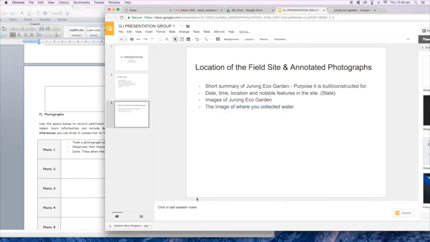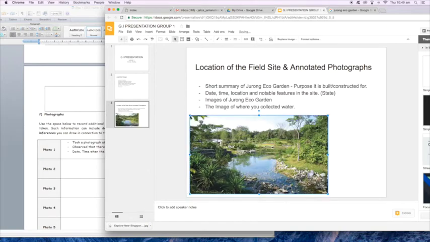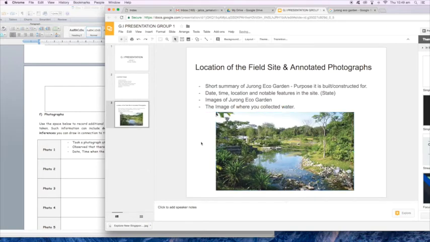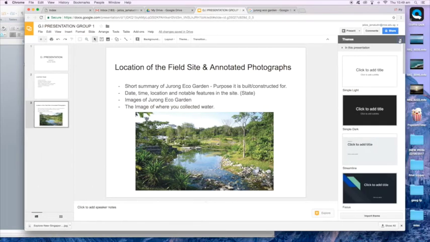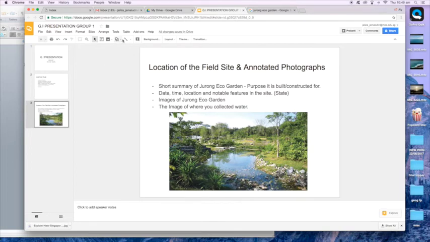When I say annotated photograph, basically it means you create annotations. So it must be on the photograph itself. For example, here, draw the arrow here, and then you type in your text.